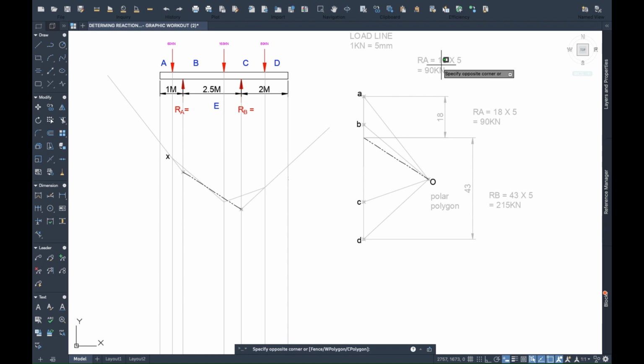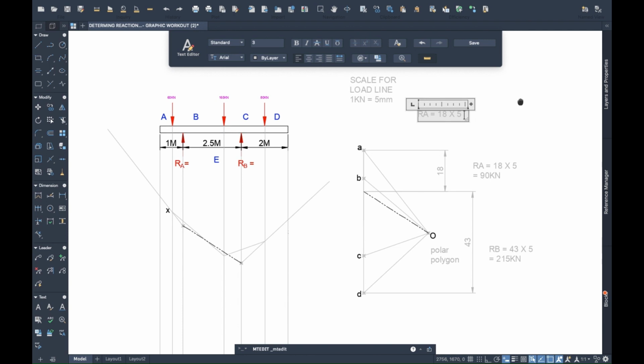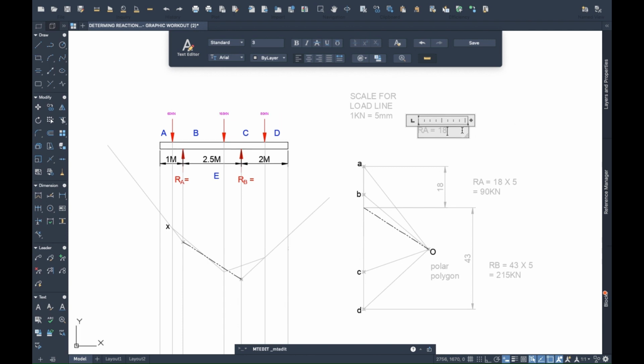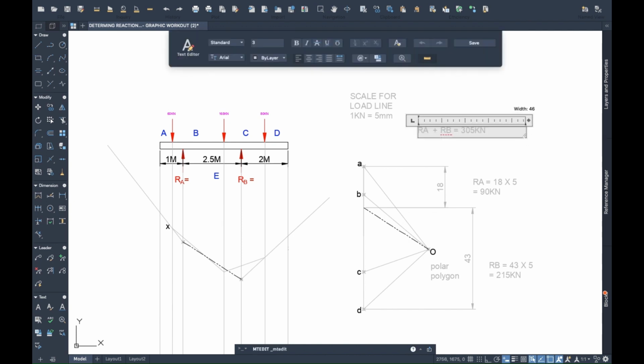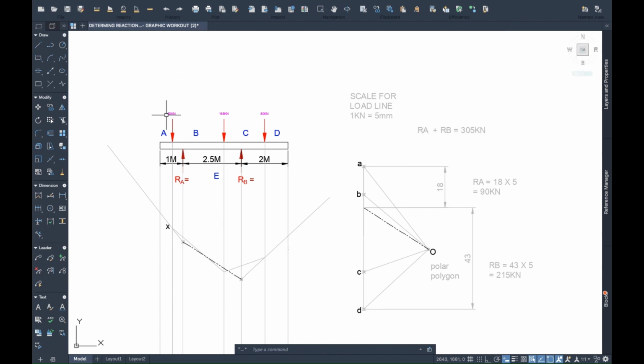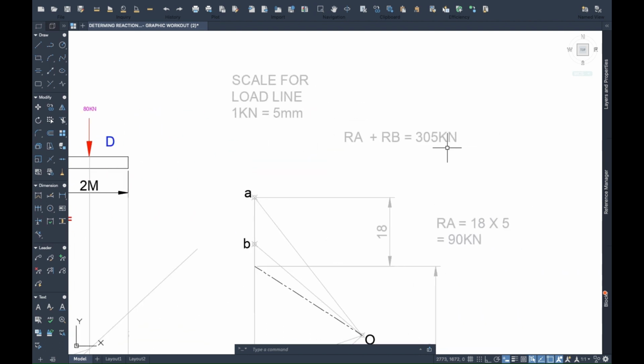Now we know that RA plus RB should be equal to 305 kilonewtons, because once we add 60, 165, and 80, we should get 305 kilonewtons.